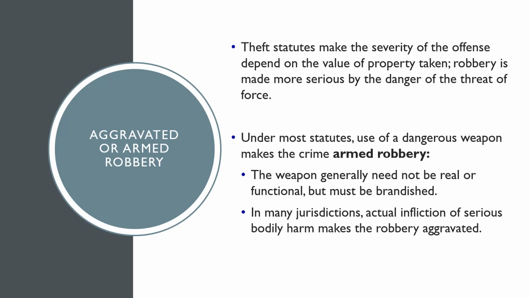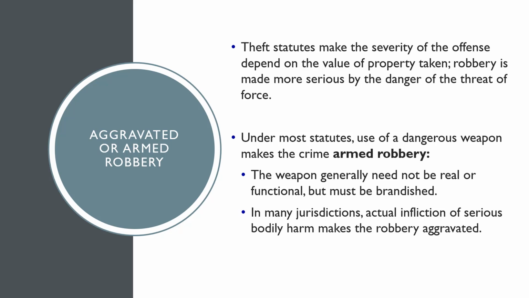Now, as I said, the weapon has to be believed to be there by the person who sees it, the victim. The weapon doesn't have to be real or functional. So if I take a prop gun and I point it at you and you look down and it looks like a real gun, but it's not one, or I point it at you and it's not loaded, it's still going to be armed robbery.